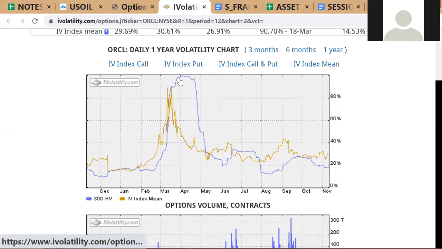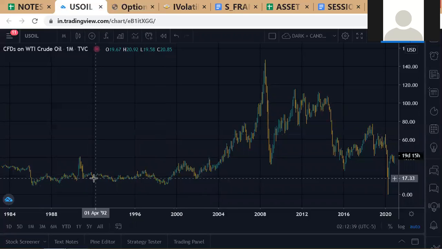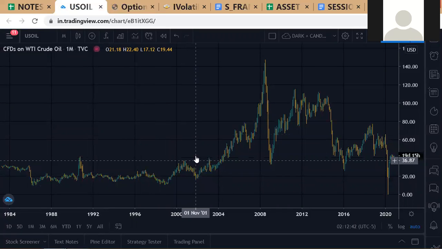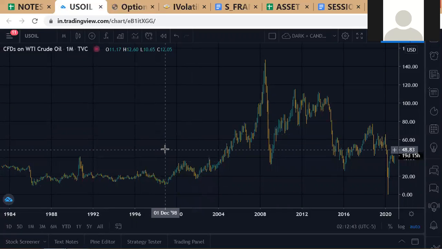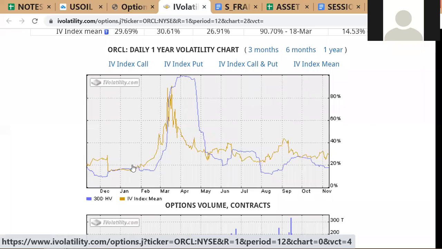Although your theta will be positive, and when you're short options you'll make money every day from the passage of time, what you really want is to avoid dramatic movement. The underlying movement is of course going to affect the gamma and the delta, but it will also have an effect on the implied vol. You don't want dramatic movement in the implied vol if you're going short options. It will dramatically make you lose money on the option valuation, as you have seen.